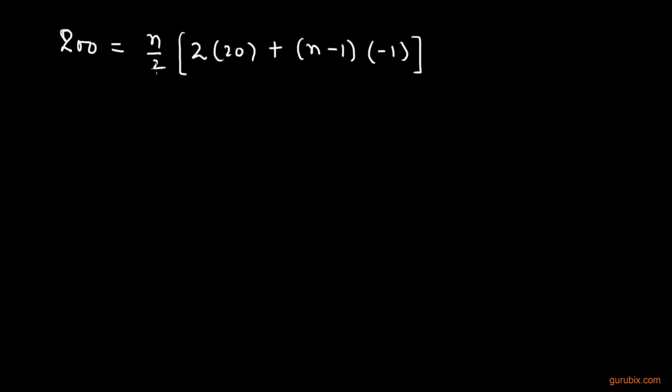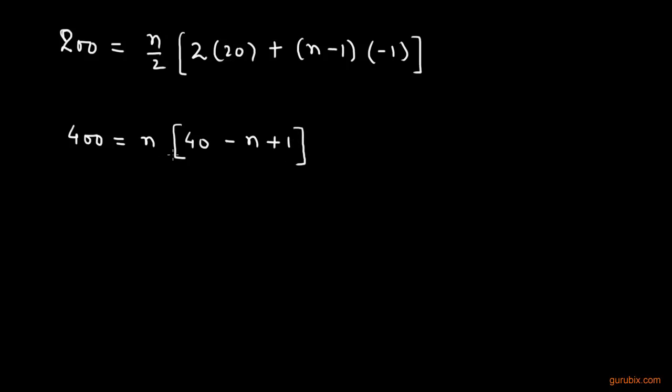First of all, we multiply this 2 with this 200 to get 400. Here is n, multiplied by 40, and when we multiply n minus 1 with this minus 1, we get minus n plus 1.